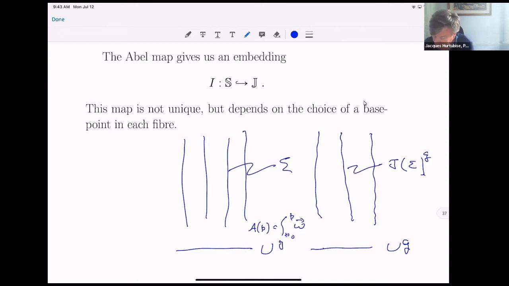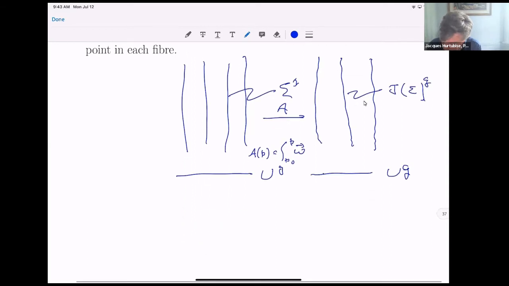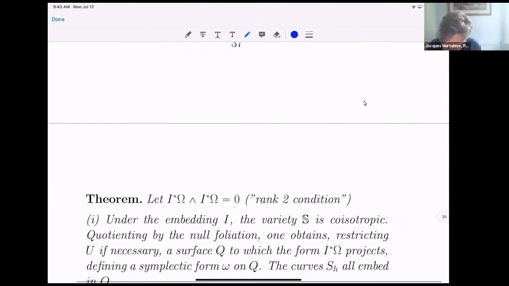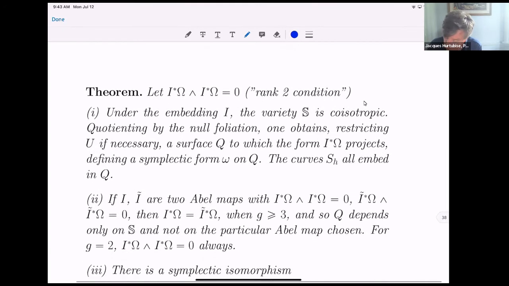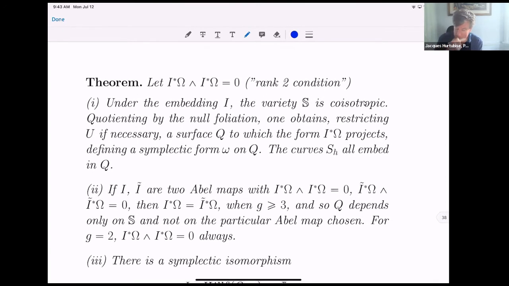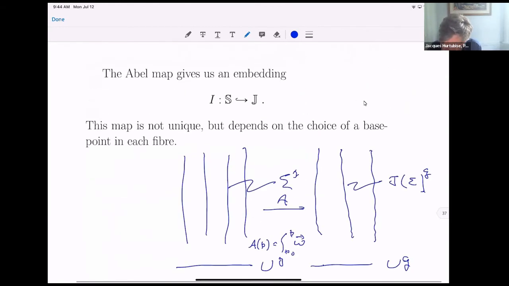Okay, so you have a map from this G plus one dimensional space into this 2G dimensional space. Okay, so what can happen? Well, the form, if you pull back, I used I here instead of A. Sorry.